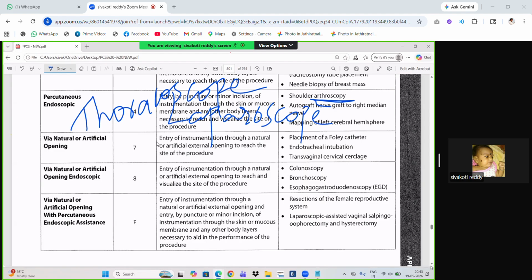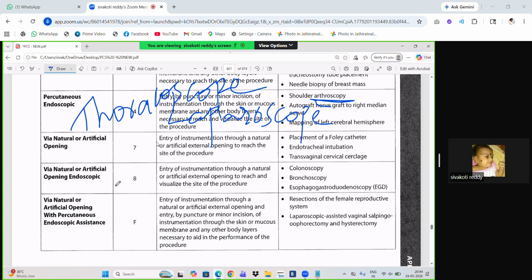Clear? If you see these scopes in the procedure note, it should be percutaneous endoscopy, guys. We need to remember the scopes. Do not confuse. Okay? Like laparoscopic cholecystectomy, laparoscopic appendectomy, we need to go with percutaneous endoscopy. Like arthroscopic knee joint aspiration, percutaneous endoscopy. PEG tube, percutaneous endoscopic gastrostomy tube, percutaneous endoscopy.